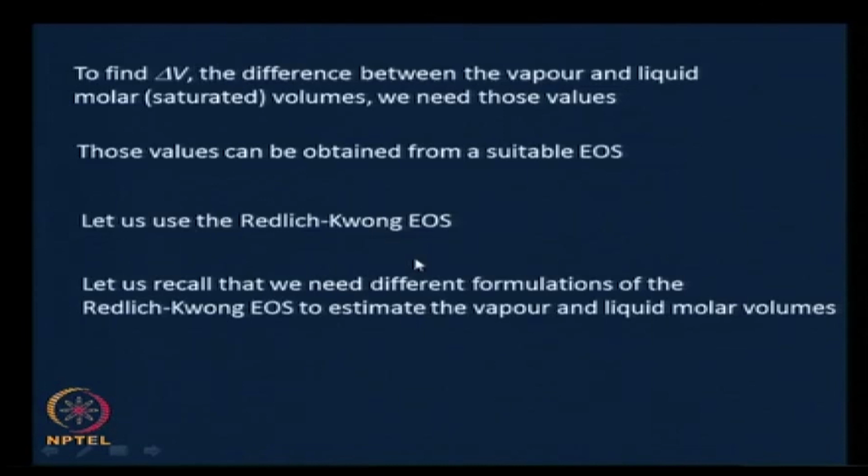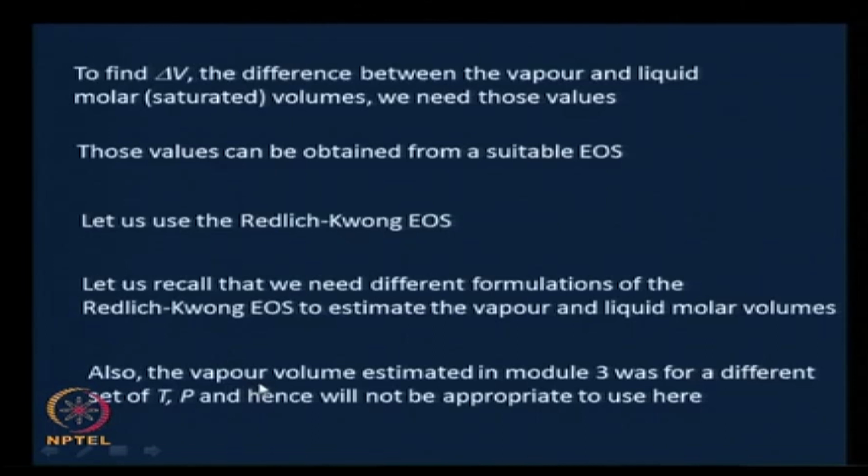If you recall what we did in module 3, we needed different formulations of the Redlich-Kwong equation to estimate the vapor and liquid molar volumes, because the formulation for the vapor volume had a V minus B term, and with an initial guess of V equals B, that term would have gone completely to 0, and we would not have had the benefit of its contribution in our estimations.